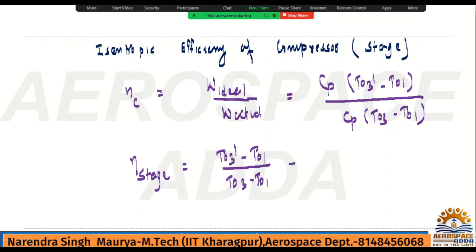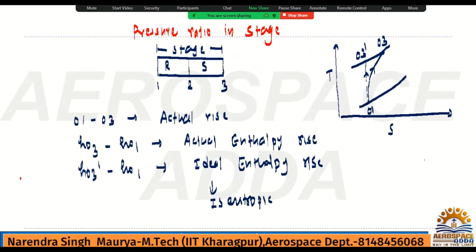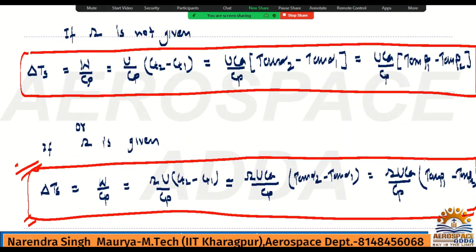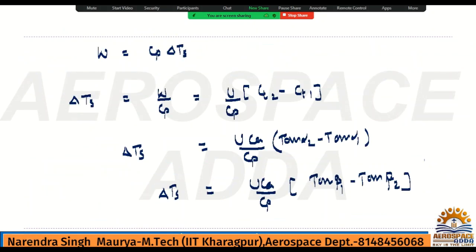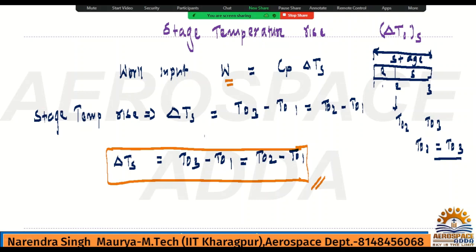Now T03 minus T01, we know what it is: delta T0s. Starting only I have written T03 minus T01. For the stage somewhere I had written delta T0s.